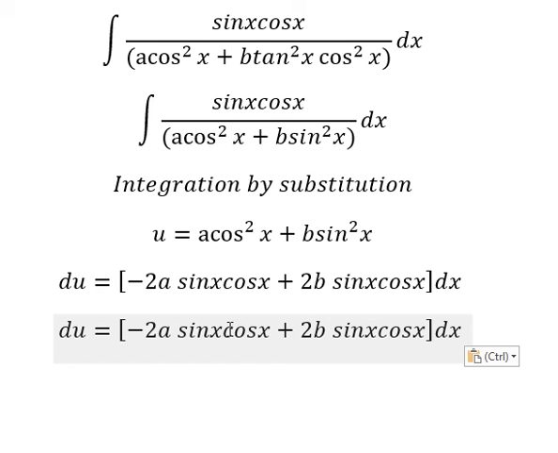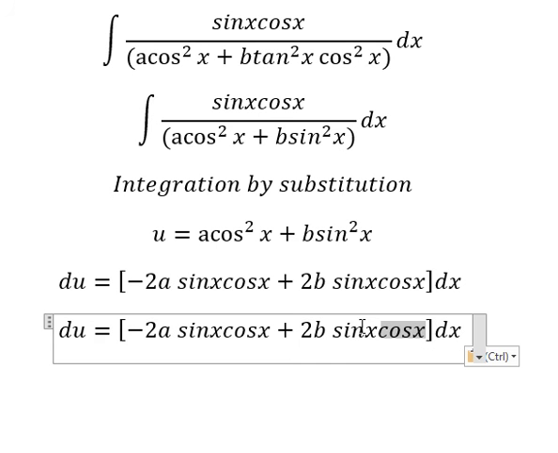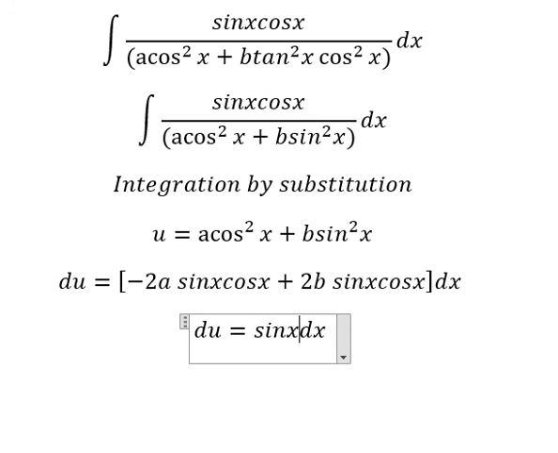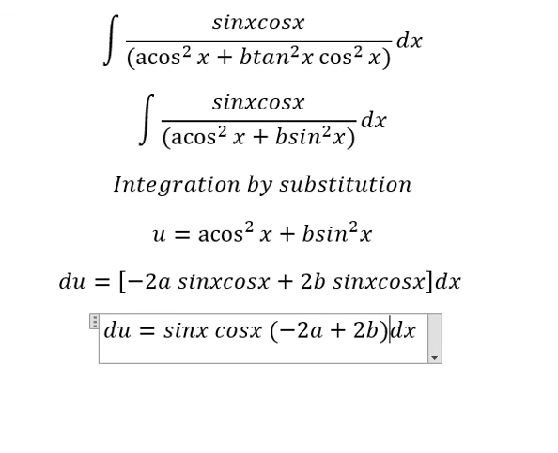Next, sine x cosine x, we can do about factorization. Next, we divide both sides by negative 2a plus 2b.